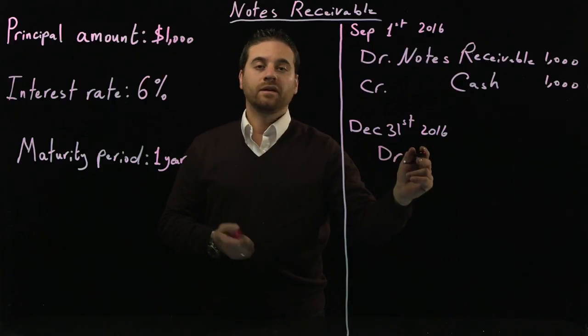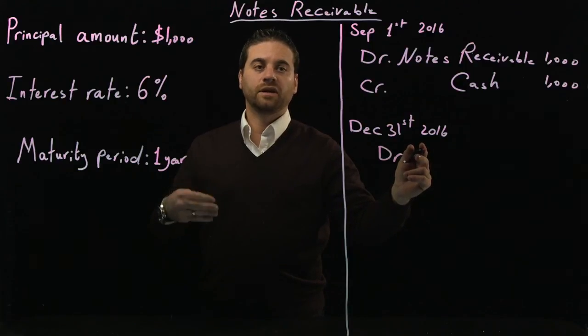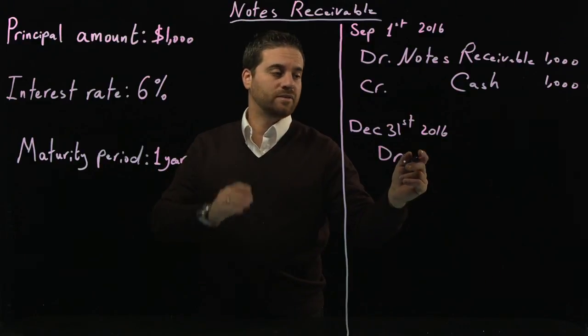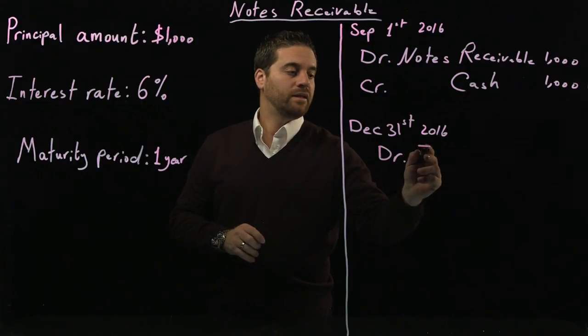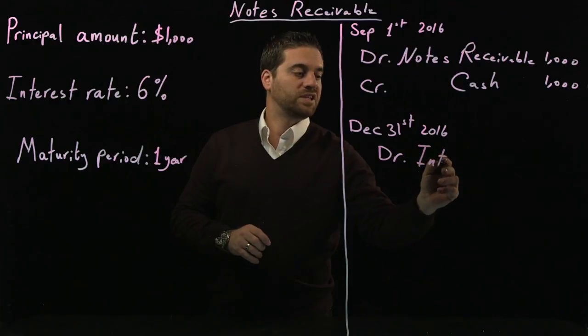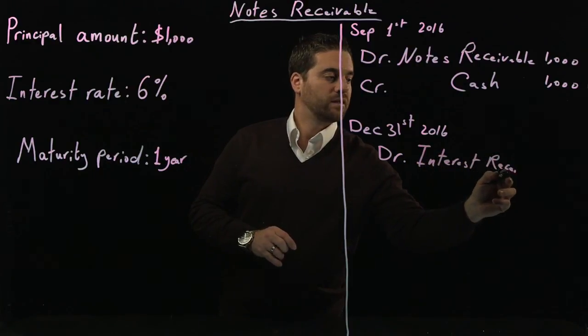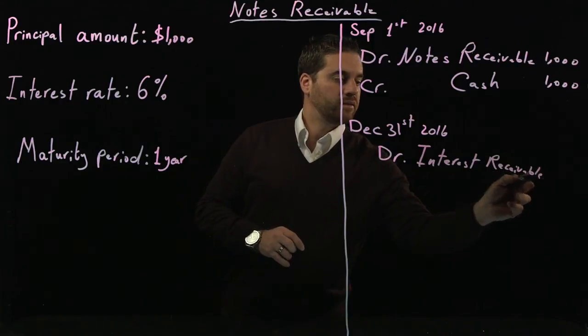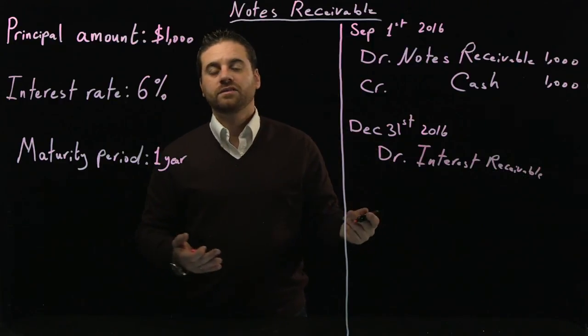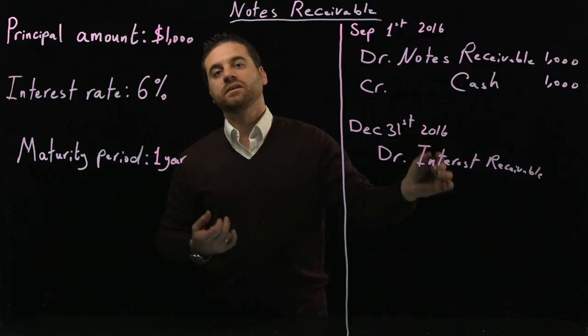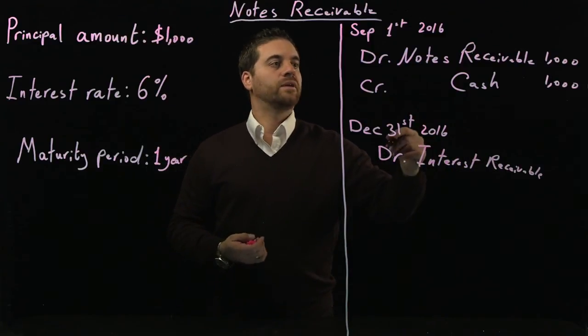However, that amount we now consider officially owed by the customer to us for interest. So we will call that interest receivable. It's a receivable account, so it's money owed by a customer to us, for interest. It's different from interest revenue.